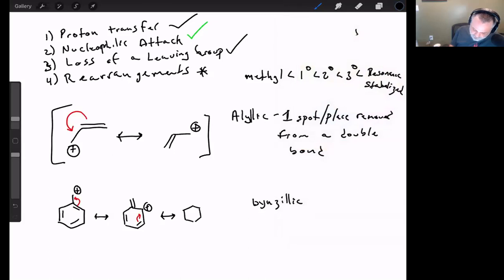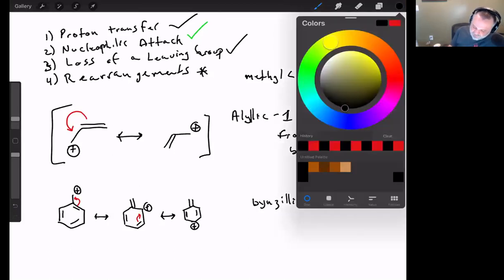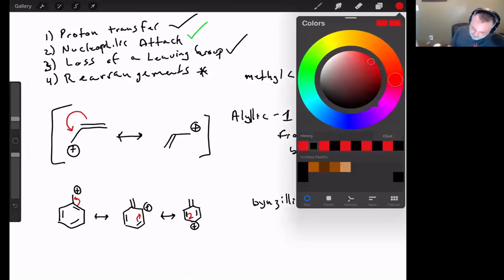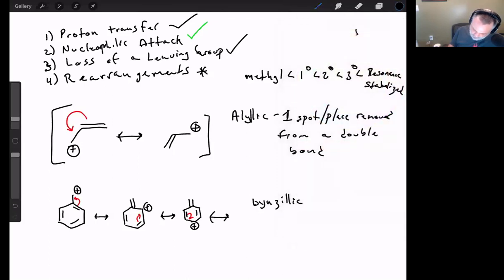And in general, if you remember from this idea of resonance, the more resonant structures there are, the more stable the cation is. And then I could show the last one where this one comes down here, and that would get me back to there.